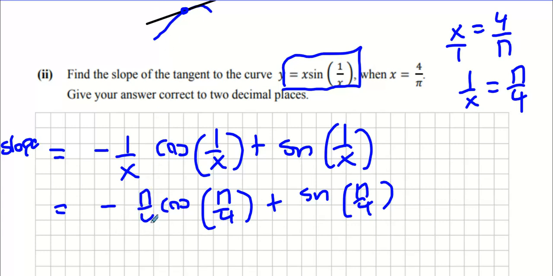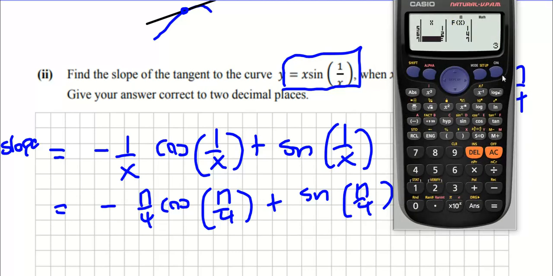You're going to throw all that into your calculator. But what's the very important thing you need done on your calculator? Radians. So you're going to need to make sure that your angle unit is in radians. Okay, whichever way your calculator does that. So minus pi over 4. That'll give you guys, what do we get?